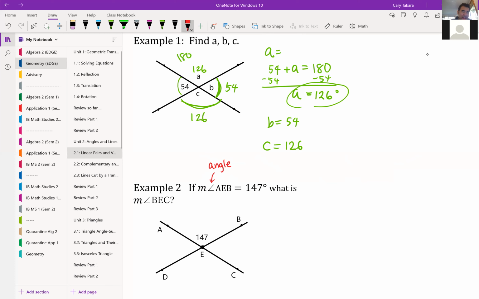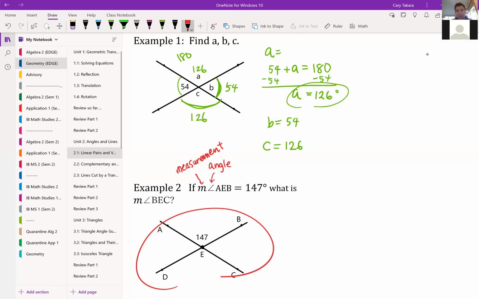Now here's M, right? Now M has nothing to do with any of the diagram here, but M is coming from the measurement. So measurement of the angle AEB equals 147 degrees. And that's how you read it, okay?